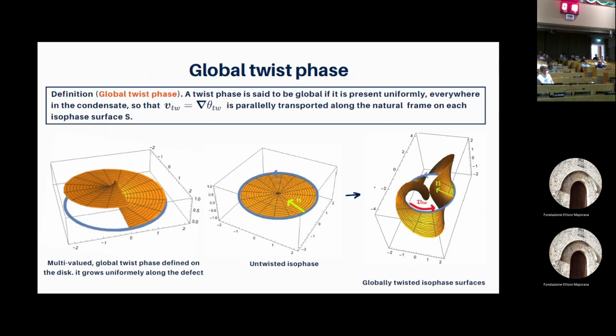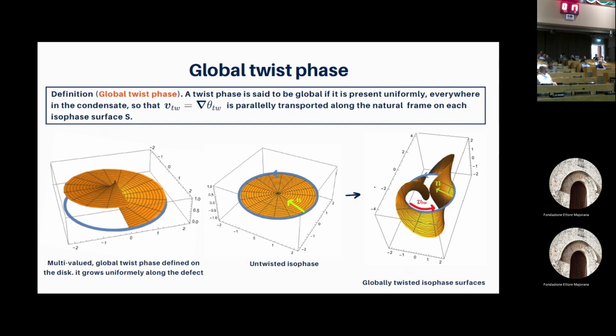What does it mean? Well, first, the global twist phase. A twist phase is said to be global if it is present uniformly everywhere in the condensate. To fix ideas, it is present uniformly at all isophase surfaces, such that the twist velocity is parallelly transported along the natural frame.